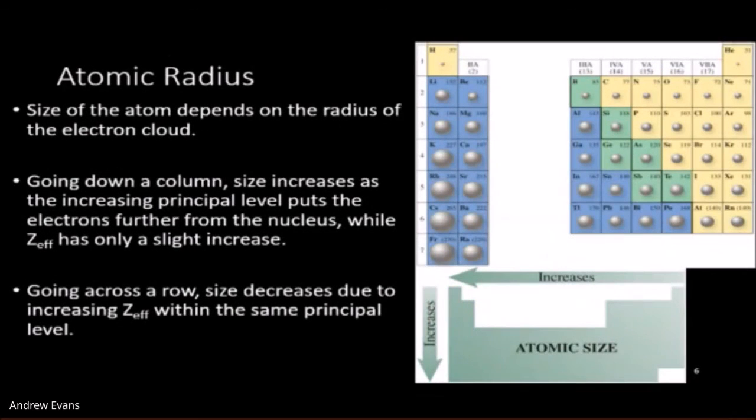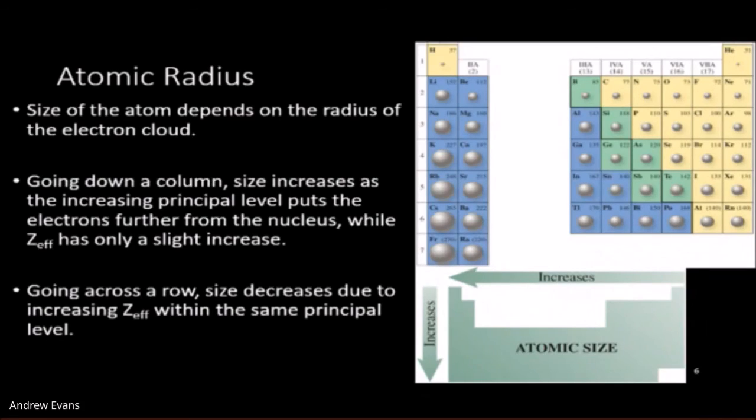And what do we have when we go down a row? Each time you go down a row, you're adding another layer. Even though the effective nuclear charge is going up, we're still adding another layer. It's like we're building a stadium around the previous stadium, a bigger stadium.